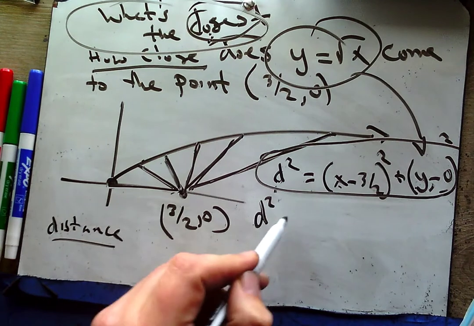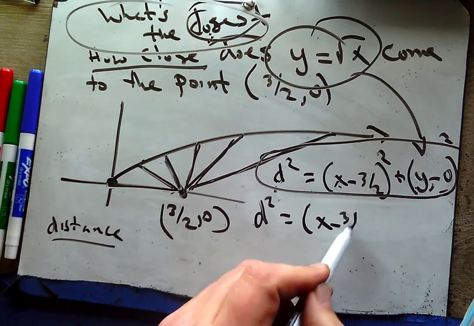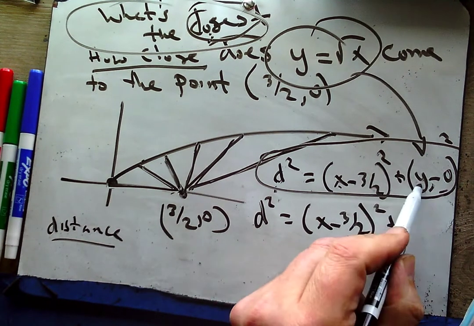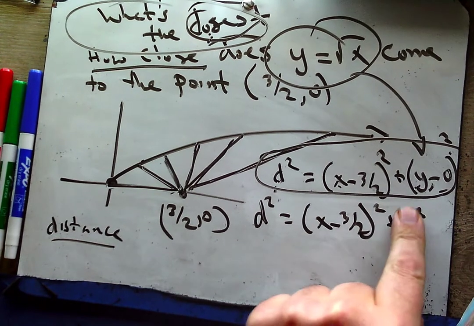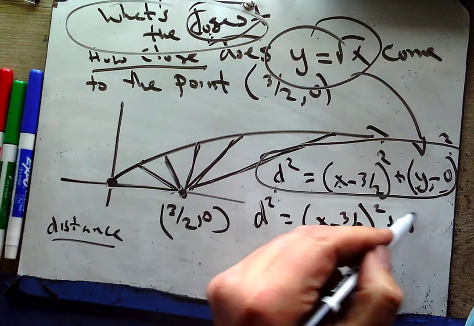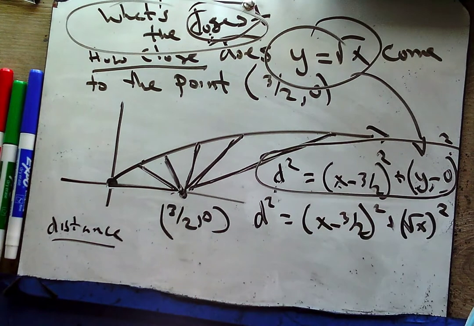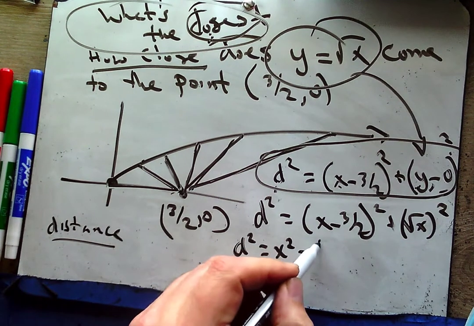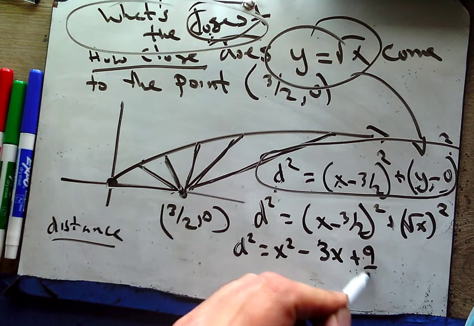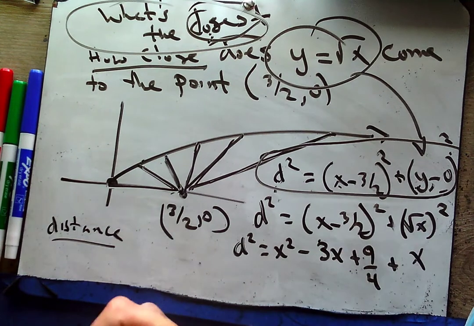So we had d squared equals x minus 3/2 squared plus y squared. And we're replacing y with square root of x. So we have square root of x squared. Okay. So now what am I going to do? Well, I actually am going to FOIL that and say that d squared equals x squared minus 3x plus 9/4 plus x.